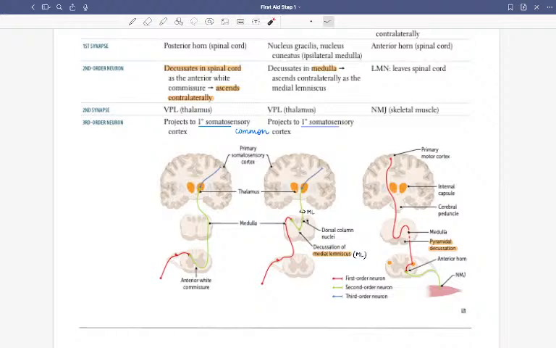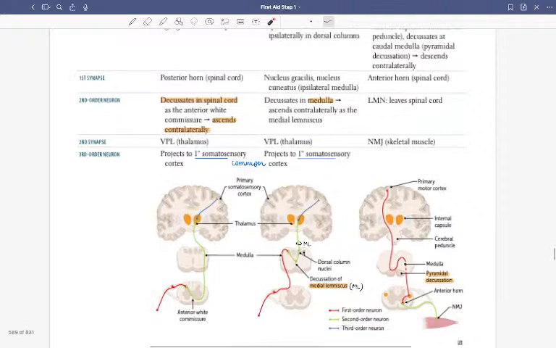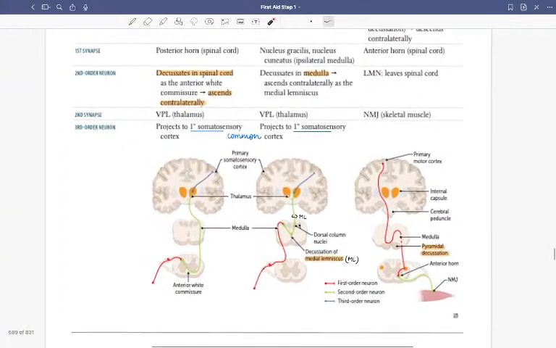Next we have the corticospinal tract. What does that do? That also crosses over at the level of the medulla. But here you have the motor fiber. Motor is the basal plate of the spinal cord, so here it is the anterior horn. In the lateral spinothalamic tract, the first synapse was at the posterior horn.